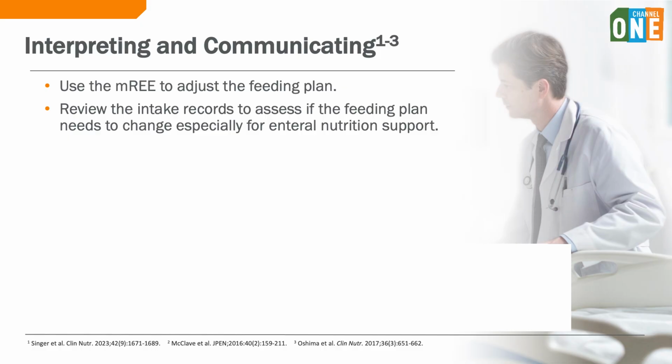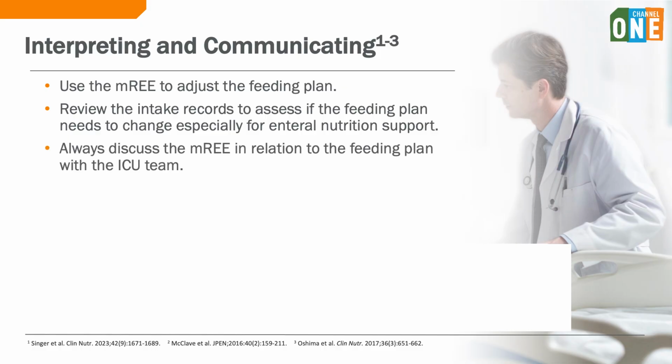It's important to review the intake records to assess if the feeding plan needs to change, especially for enteral nutrition support. Always discuss the measured resting energy expenditure in relation to the feeding plan with the ICU team. I feel it's important to have in-person conversations with the ICU team so that all can come to an agreement on the feeding plan moving forward.